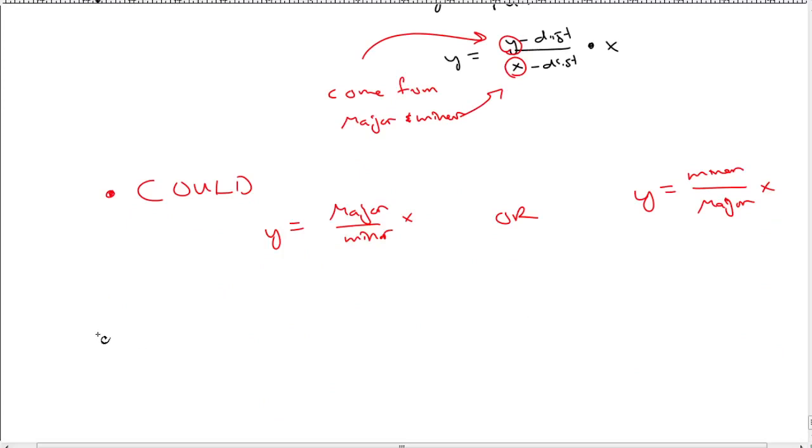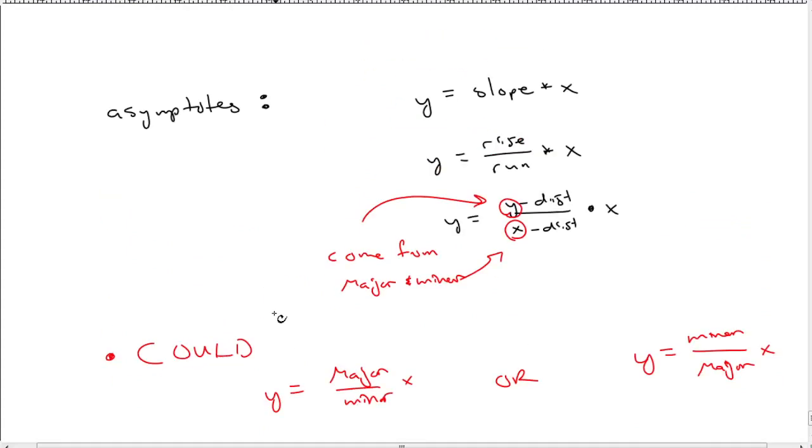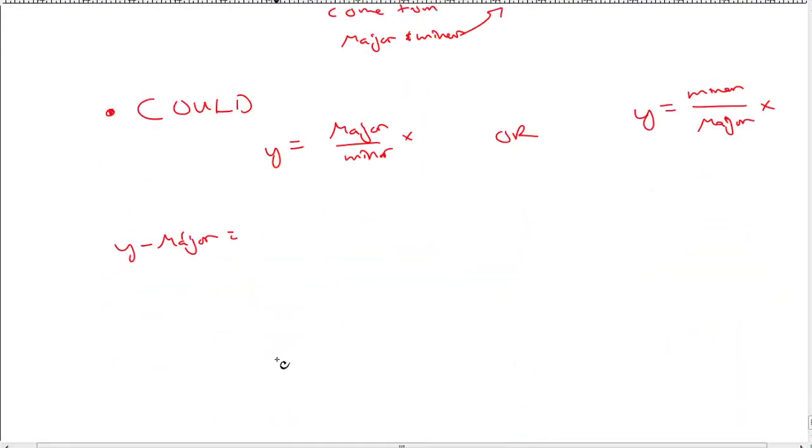And so I have a y major in this particular case, right, of 6. And I don't know what my x minor is. Okay, so let's write that out. So I have 6 over question mark x, and that's my asymptote.